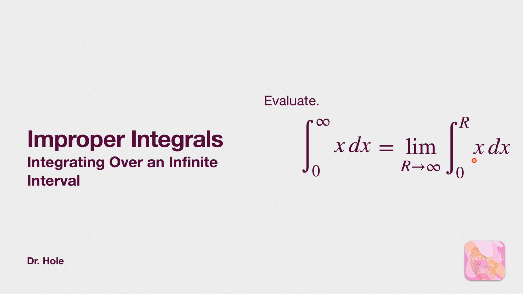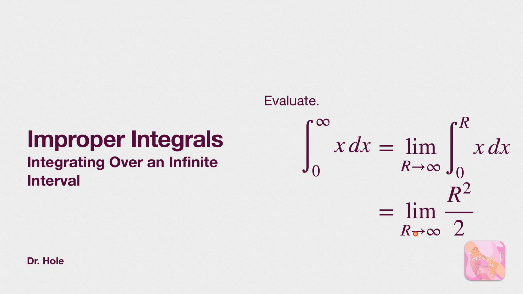Now evaluate the definite integral. The integrand x has antiderivative x squared over 2. X squared over 2 at 0 is 0, and x squared over 2 at r gives you r squared over 2.